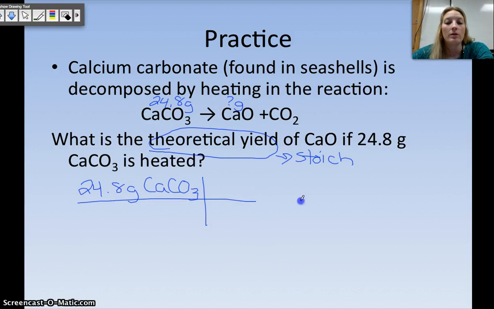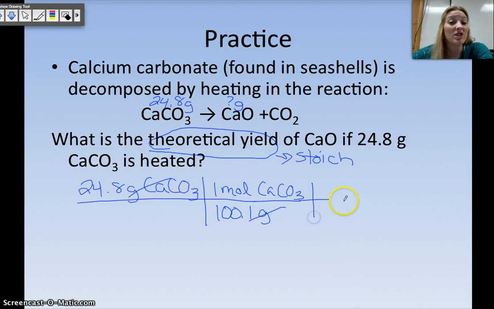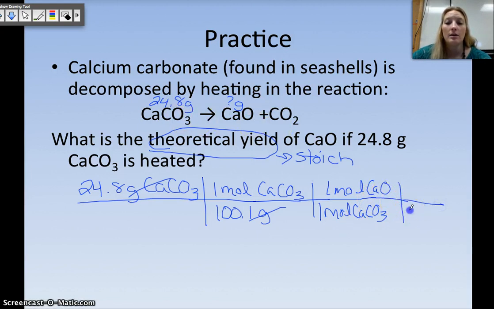So, 1 mole of calcium carbonate is 100.1 grams. If you think back to that chalk lab, we've actually already found that molar mass. And 1 mole of calcium carbonate to 1 mole of calcium oxide comes from our balanced equation. And 1 mole of calcium oxide is 56.1 grams.